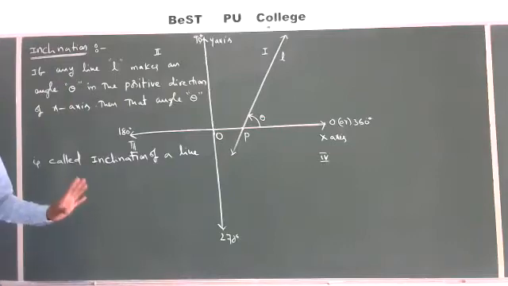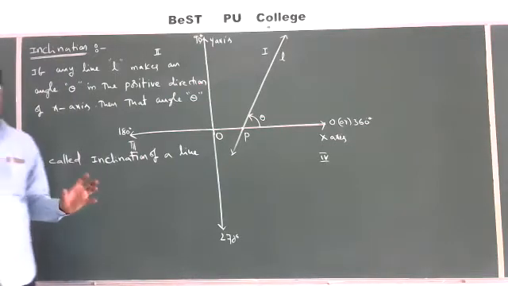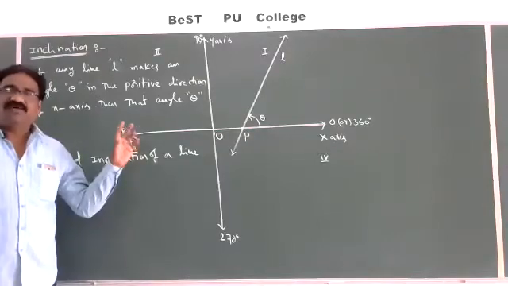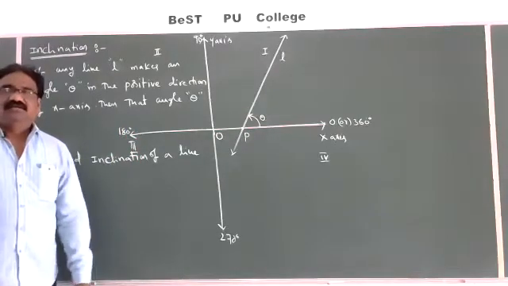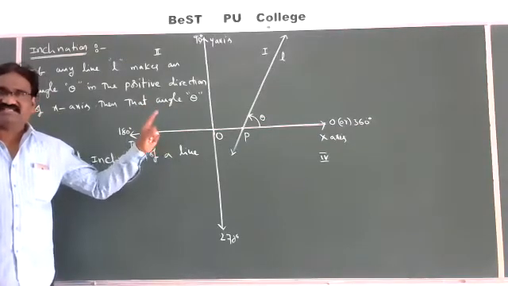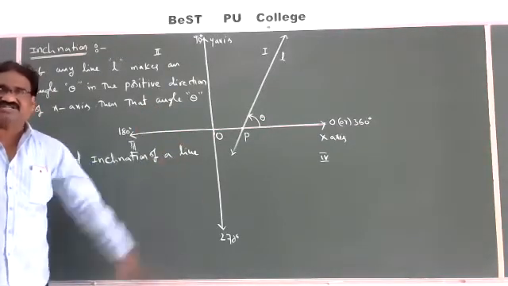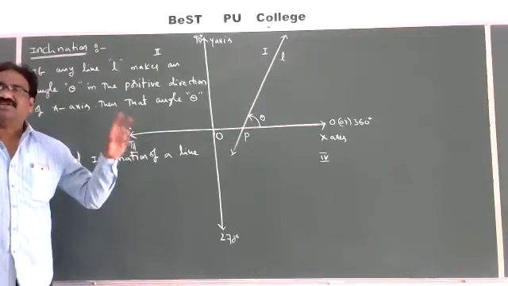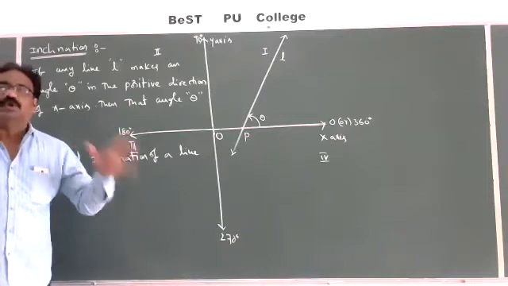That is called inclination. Then what is meant by slope of a line? If a line makes an angle theta in the positive direction of the x-axis, that is called inclination. The tangent of the inclination of a line is called slope.